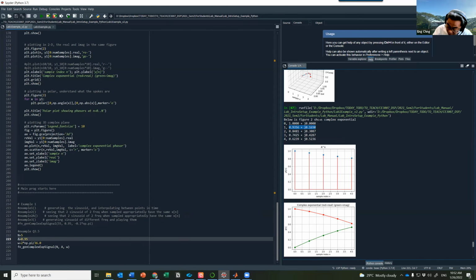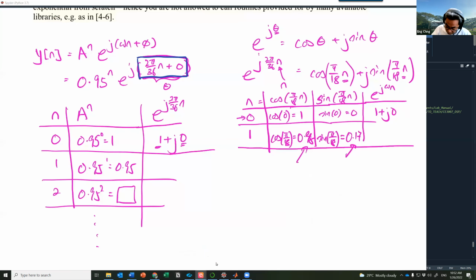So let's try and write my equation. So this is 0.98 plus j0.17.